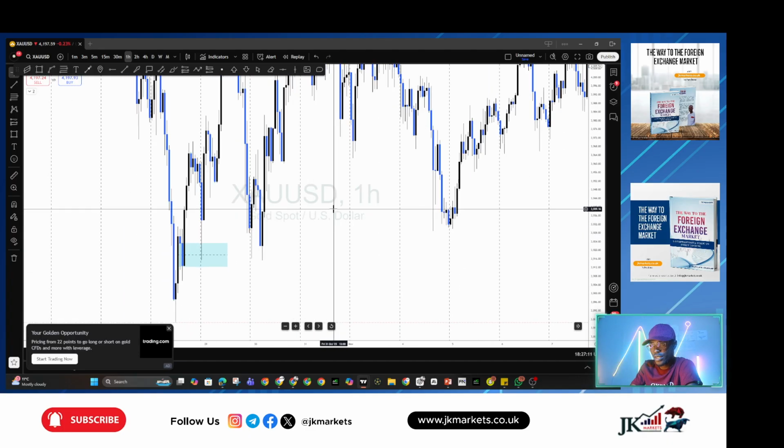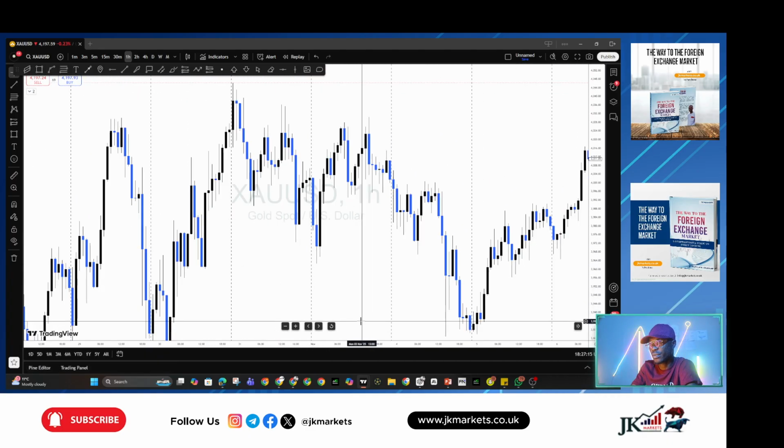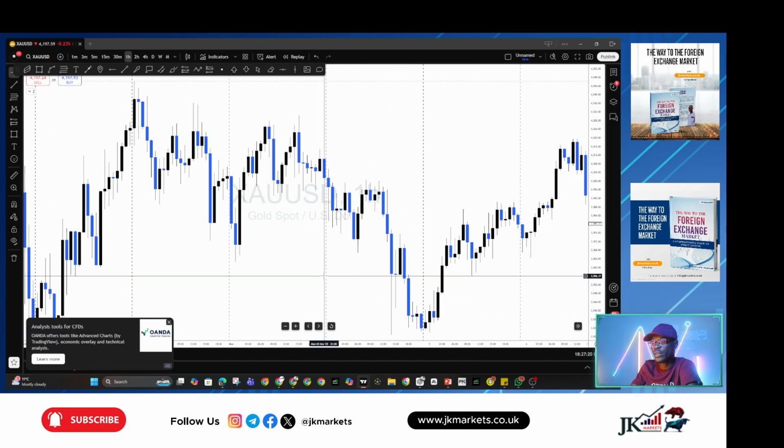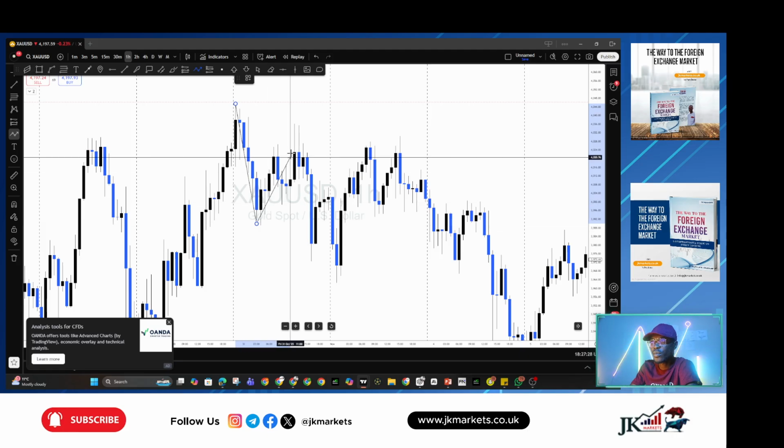Now let's look at an example of a breakout block. Well, so I'm looking at this zone. So when you look here, there is a lower low, and then there is a lower high, and then there is a lower low. We expect that there is going to be a lower high, which should be, let's see, let me use this.